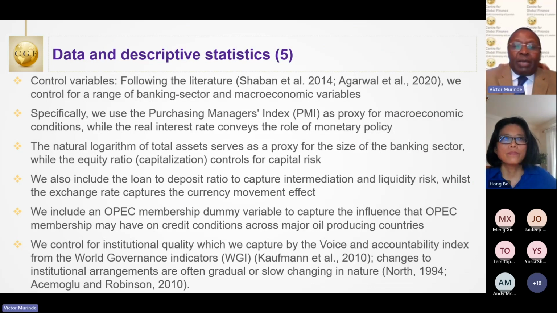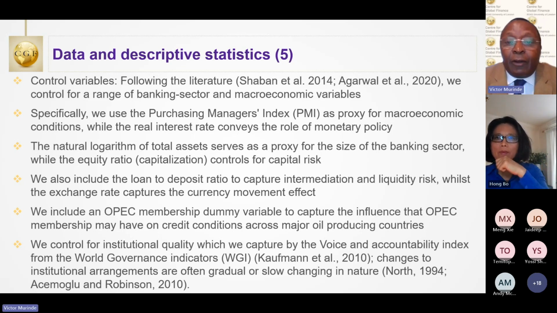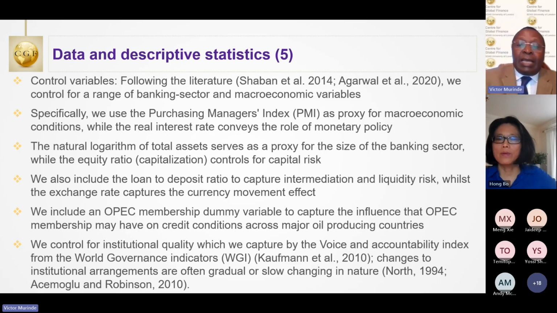What about the control variables? Why do we select the control variables? As a standard practice in the literature, we take the control variables from high prestige papers, whereby we control for a number of banking sector specific and also a number of macroeconomic variables.